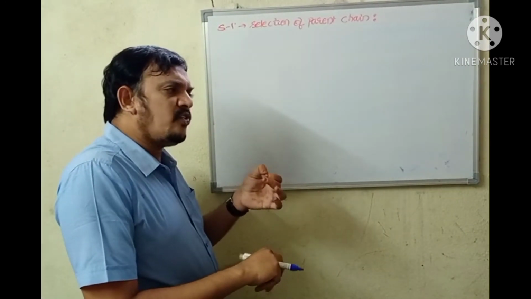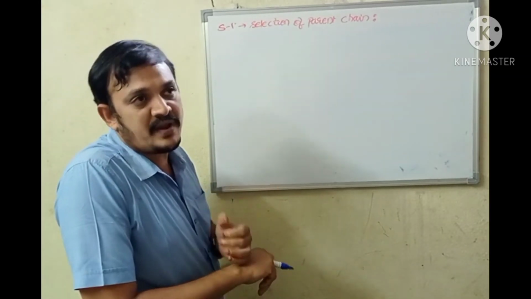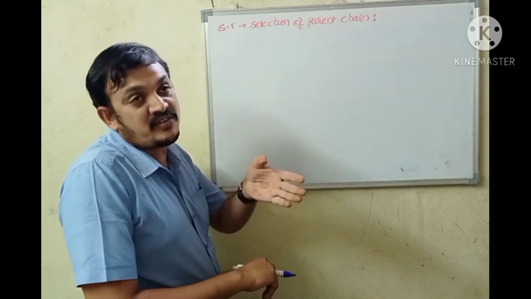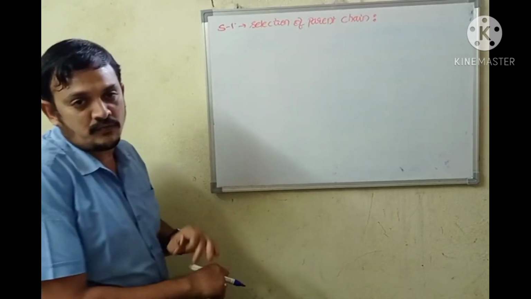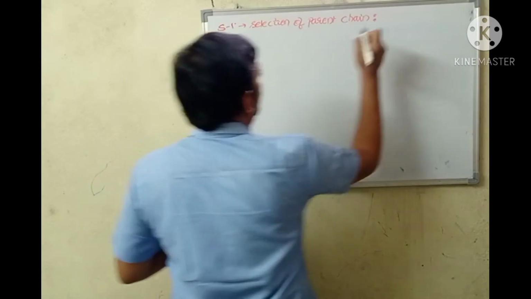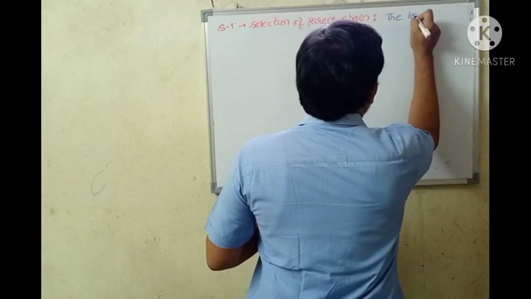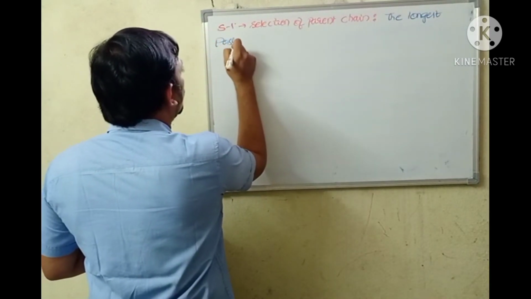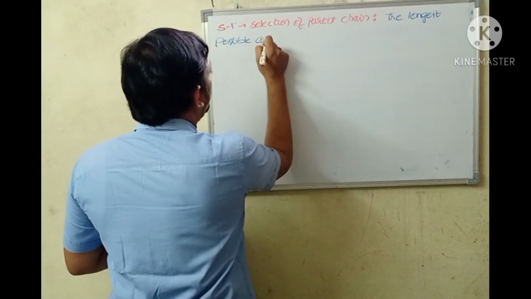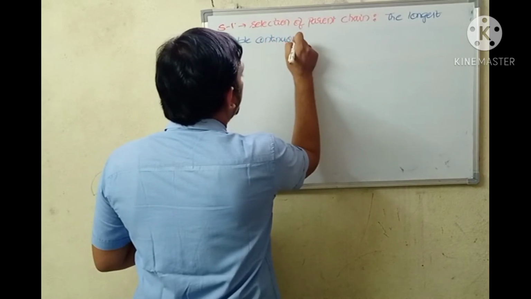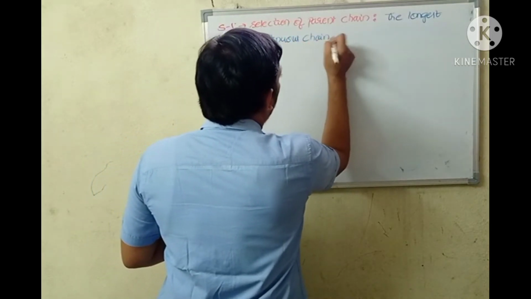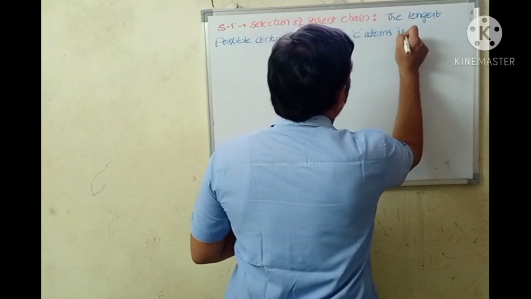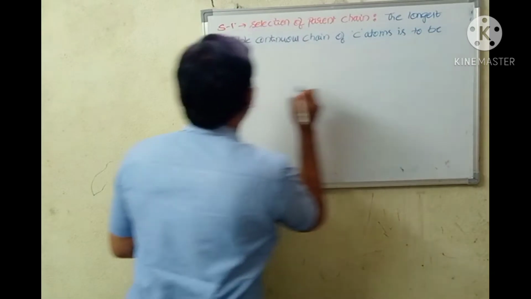The longest possible continuous chain of carbon atoms is to be selected as parent chain. That is the first step.